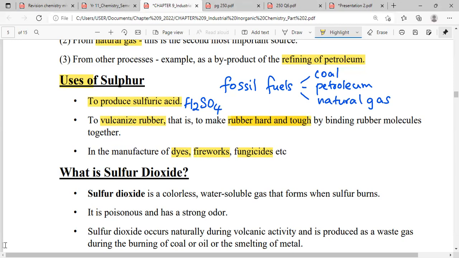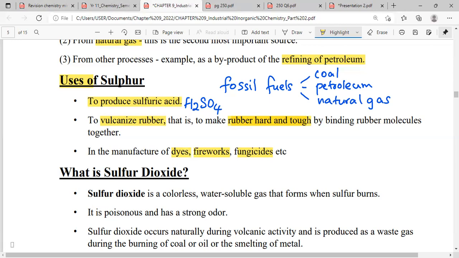Fungicides are chemicals that kill fungus. Can you give me examples of some fungi? Okay, mushrooms, molds, all these are examples of fungus. So the uses of sulfur are quite easy for you to remember: to make sulfuric acid, to vulcanize rubber. These are the major uses. Other uses are to make dyes, fungicides, etc.